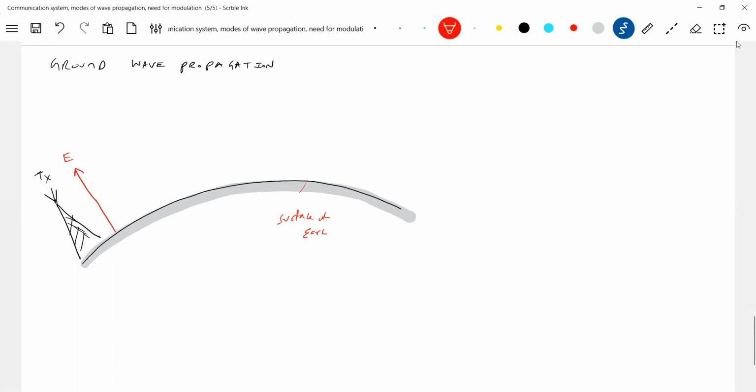As it propagates, its E bar vector magnitude keeps on decreasing. And let my receiving antenna be here, the receiving station.